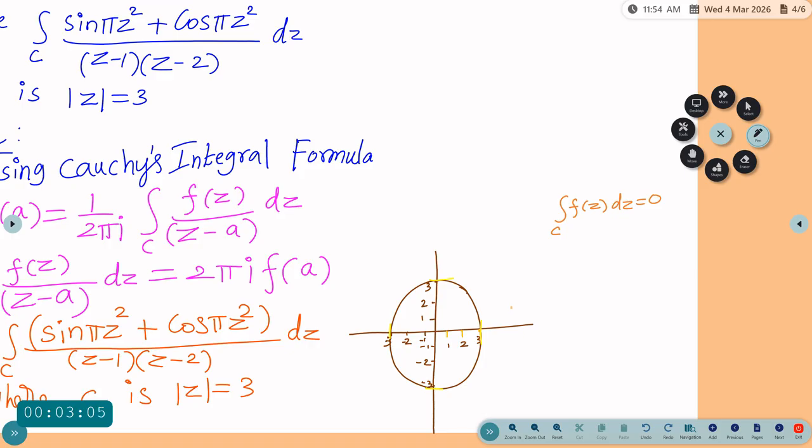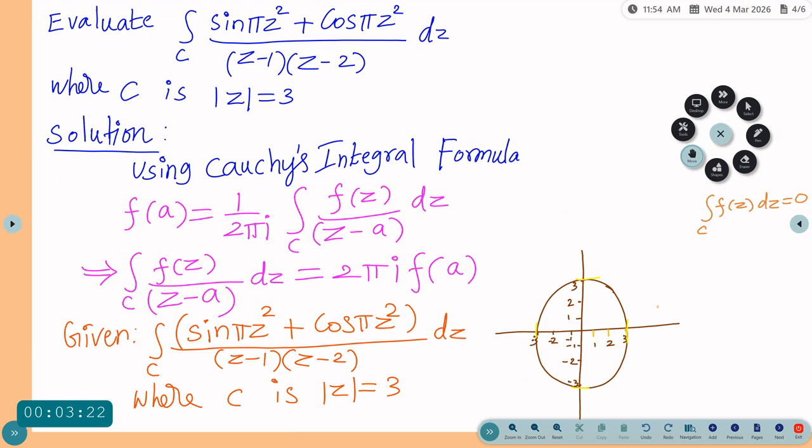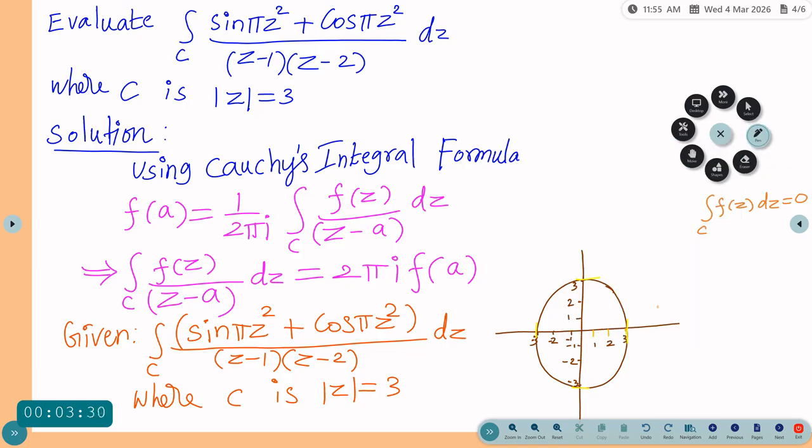So we state Cauchy's integral formula: f of a equals 1 by 2 pi i integral over C f of z divided by z minus a dz.